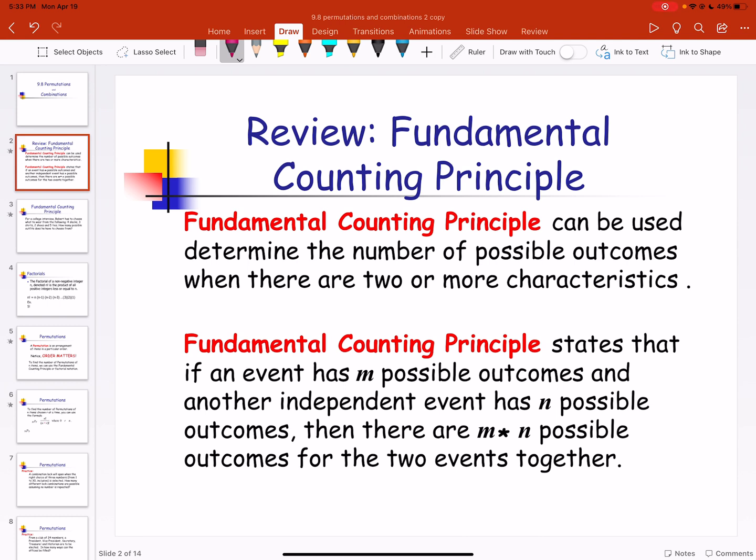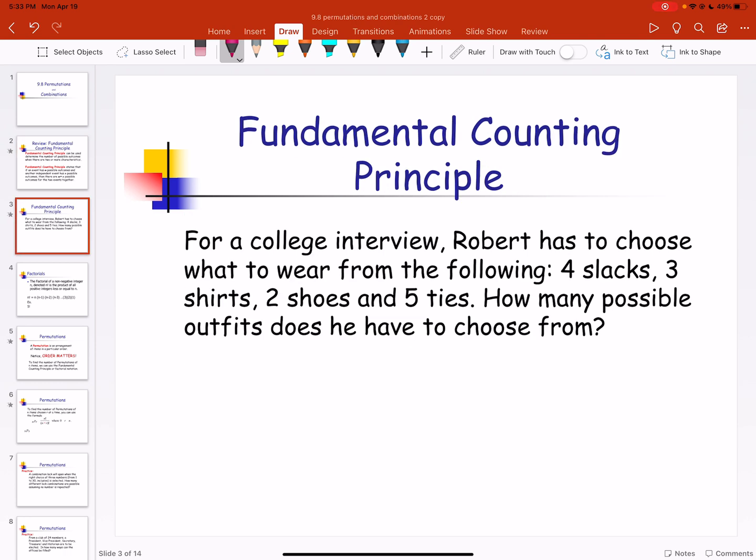So you can multiply the different numbers of outcomes of the events that occur in order to find the total outcome of those events happening. For a college interview, Robert has to choose what to wear from the following. He has 4 slacks, 3 shirts, 2 shoes, 5 ties. How many possible outcomes?